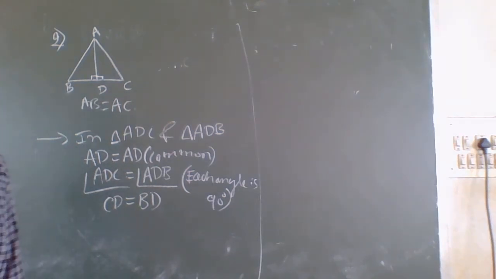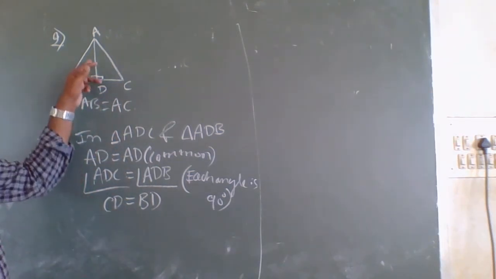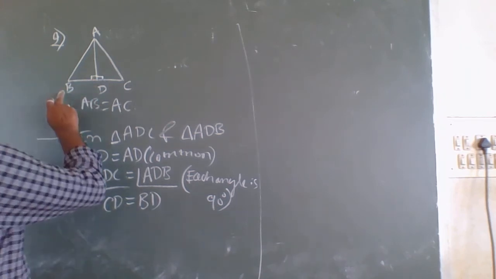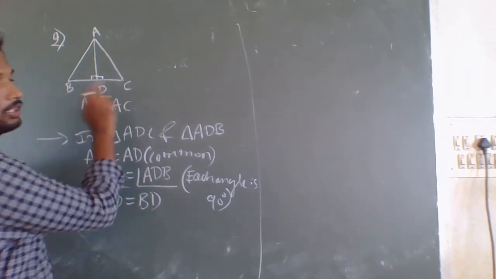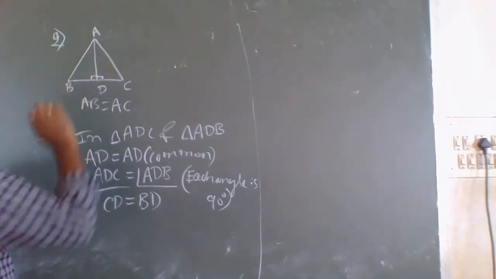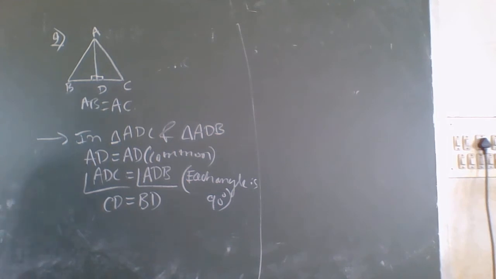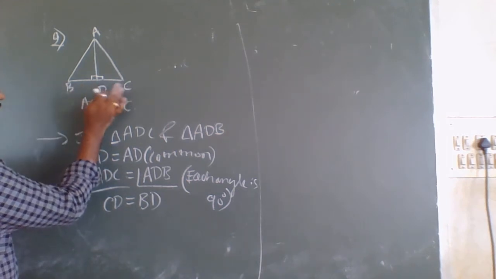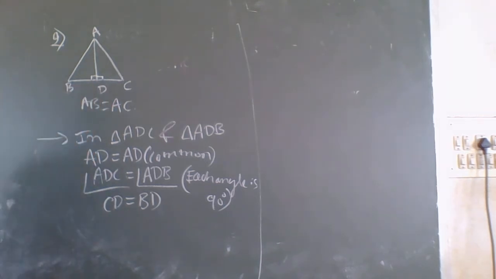Because they have given in the problem that AD is the perpendicular bisector of the opposite side BC. Bisector means AD will divide BC equally into two parts. Therefore, if it divides equally, then CD is equal to BD.